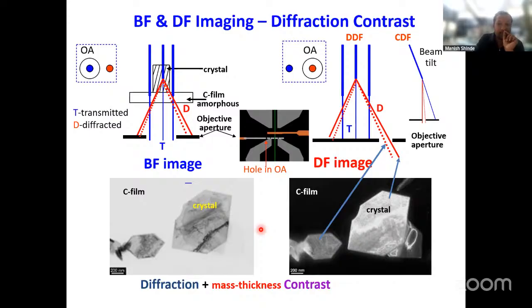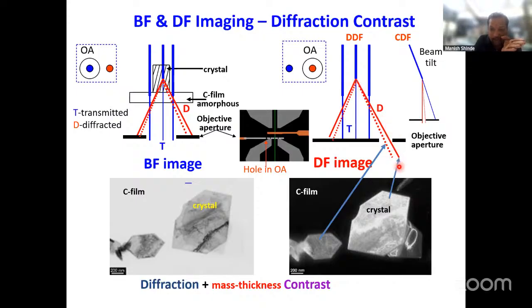Not only that, the way you capture the signal is also important. In bright field imaging, the directly transmitted electron beam is used in the analysis. In dark field imaging, the directly transmitted electron beam is blocked. You can see it is blocked here, and only a little bit of the deflected beam is captured.